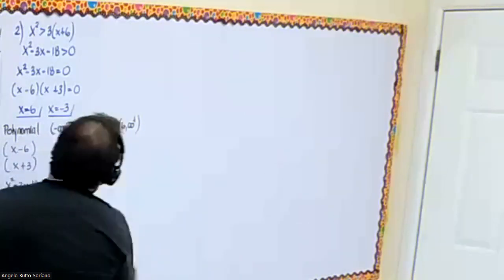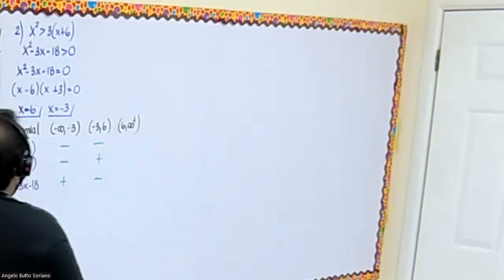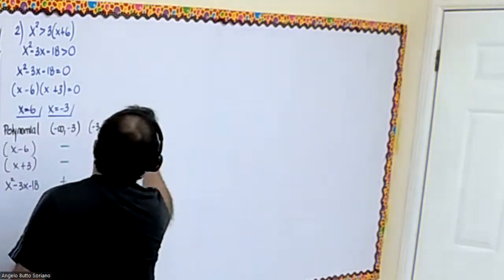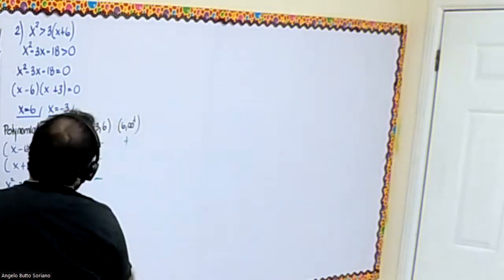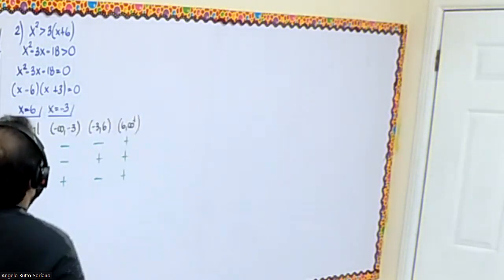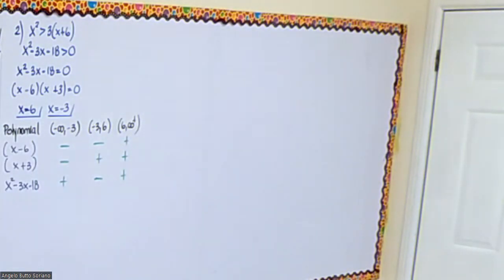Negative times positive, negative. And the last one, 6 until positive infinite, we can use perfectly 7. 7 minus 6, 1, will be positive. The other one, 7 plus 3 is 10, positive. And positive times positive, positive.